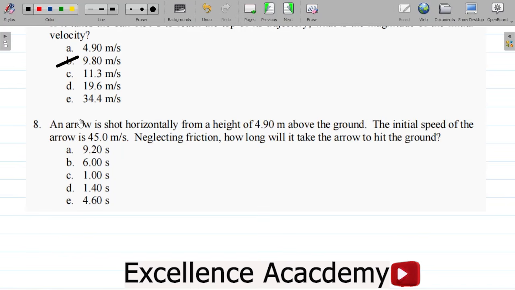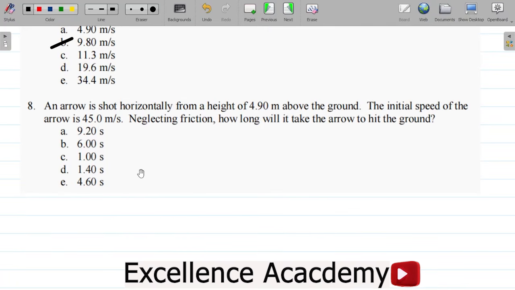The initial speed of the arrow is 45.0 meters per second. Neglecting friction, how long will it take the arrow to hit the ground? You have your options there: A 9.2 seconds, B 6 seconds, C 1 second, D 1.4 seconds, E 4.6 seconds. You solve it and leave your answer in the comment section, and I'll tell you if you're correct or not.